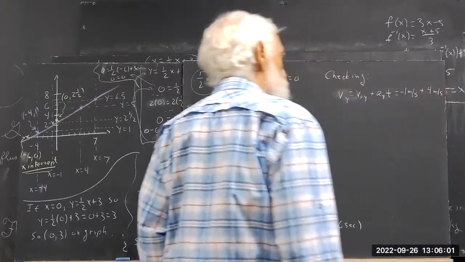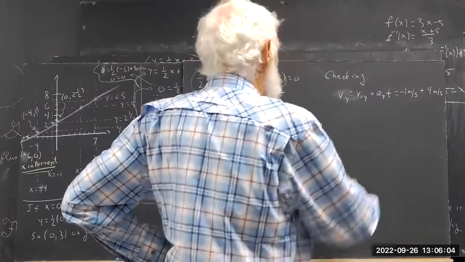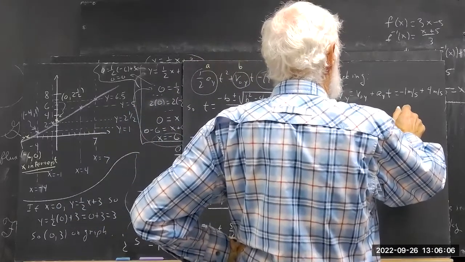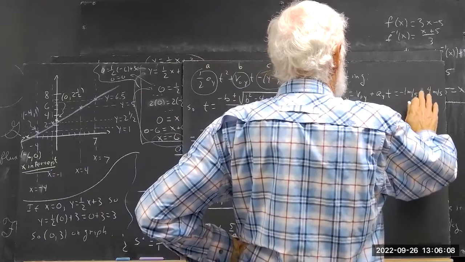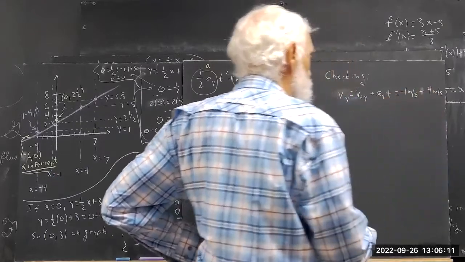It's 4 meters per second. That's got to be minus 4 meters per second because they want negative.